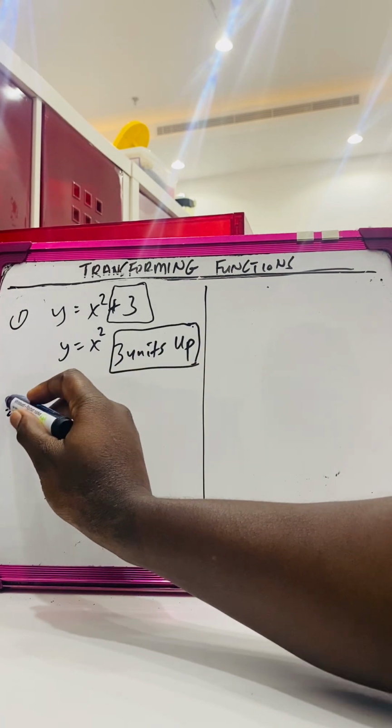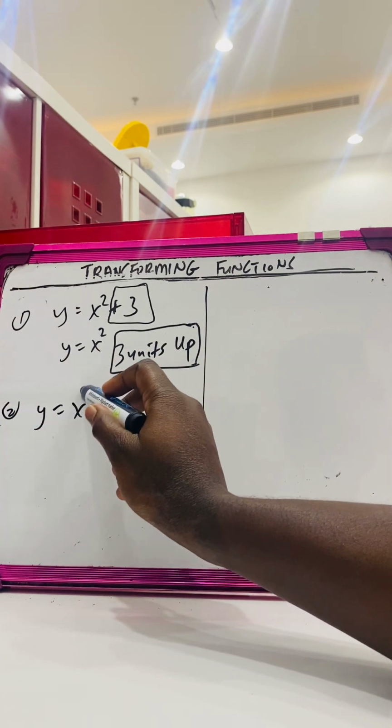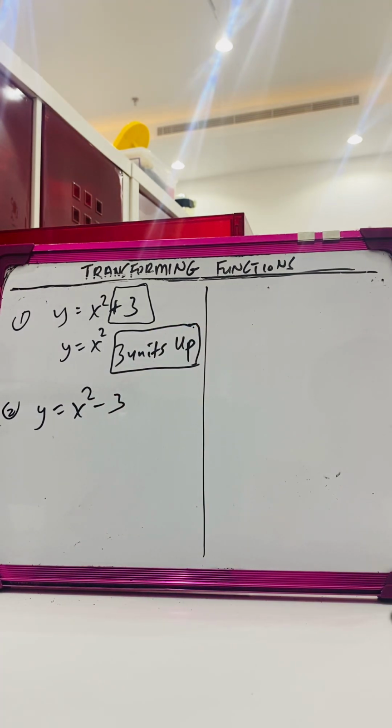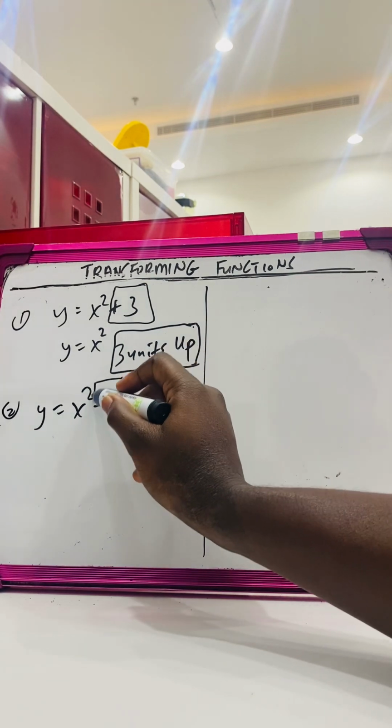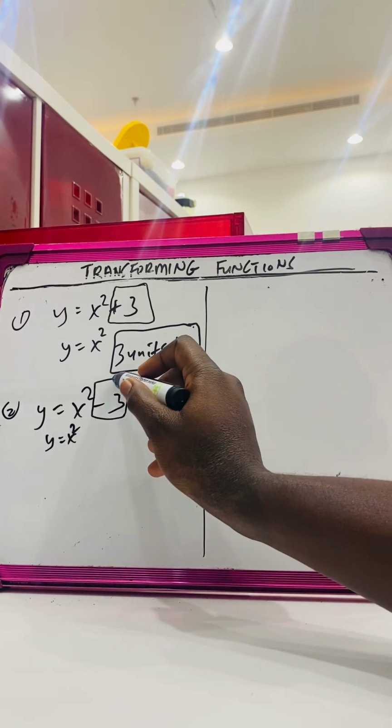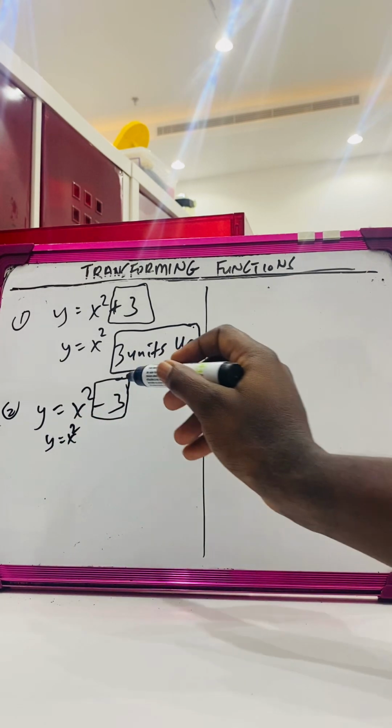If I have number 2, let's say y is x squared, this time let's say take away 3. What this means is we are going to shift every y value 3 units down, because the only change is here. If I compare this to y is x squared, the only transformation is this.